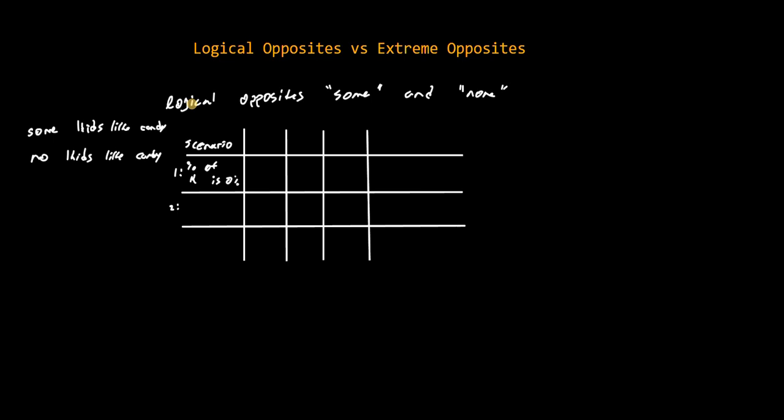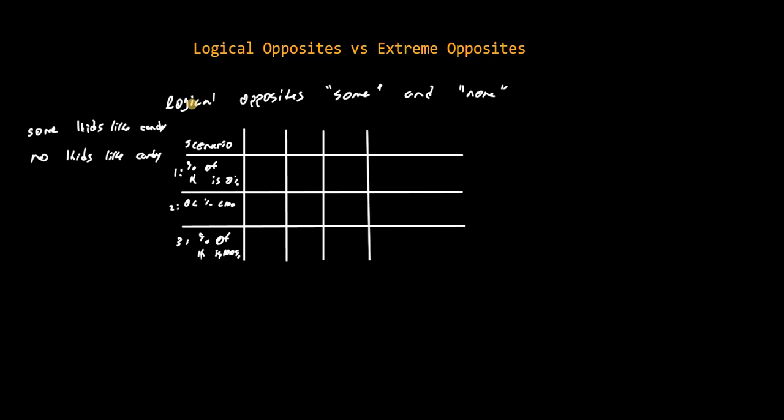Which is the same as saying some kids like candy and some kids don't like candy. So 0 is less than the percentage, which is less than 100. And in scenario 3, the percentage of kids who like candy is 100%. Okay, I'll just say it again because this is admittedly very hard to read.